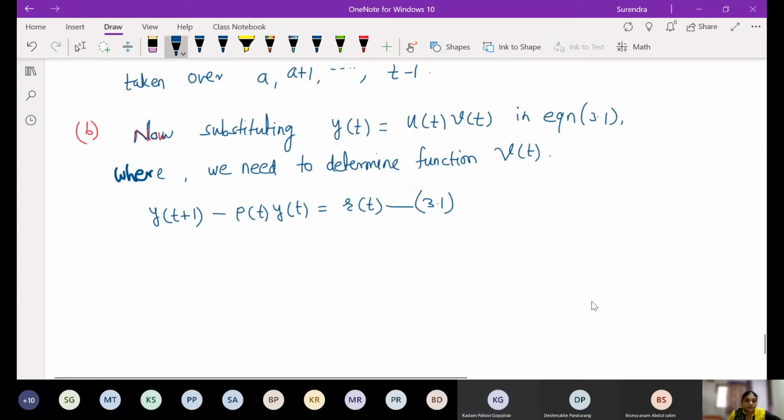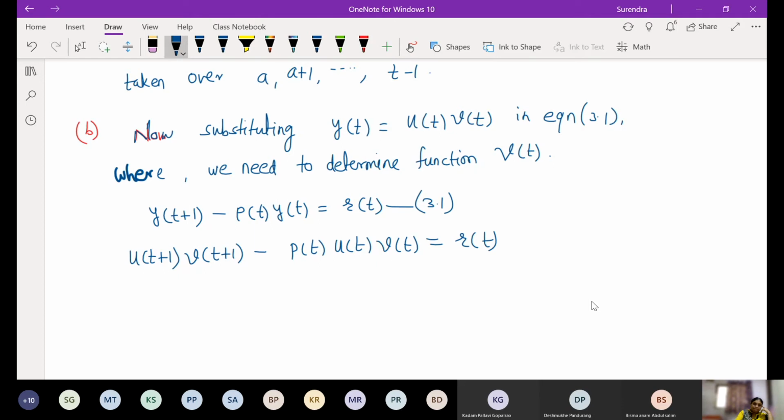So if we substitute y, what will this be? U at t plus 1 into v at t plus 1 minus p of t, as it is, y t will be u t into v t, which is equal to r t. After substitution of y t equal to u t into v t, I will get this one.